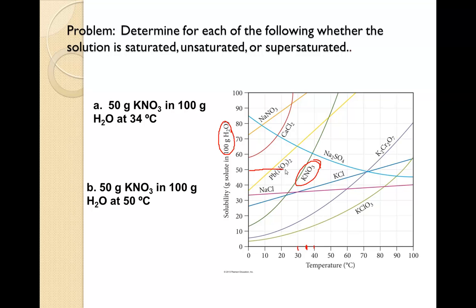There's 50 grams. It actually looks really close to it being on that line, so what I'm going to say is right on the line there. So that's going to be saturated. If we're still looking at 50 grams, but now we're looking at 50 degrees Celsius, you notice it's now under that line, so that means it's unsaturated.